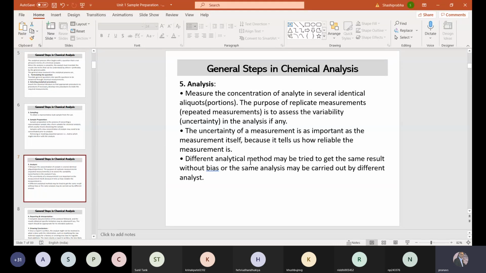Then we apply statistics and say that the true value lies between this and this, and then we report our results. That is a very important aspect of analysis, that you do replicate analysis to understand the extent of reproducibility in your measurements.